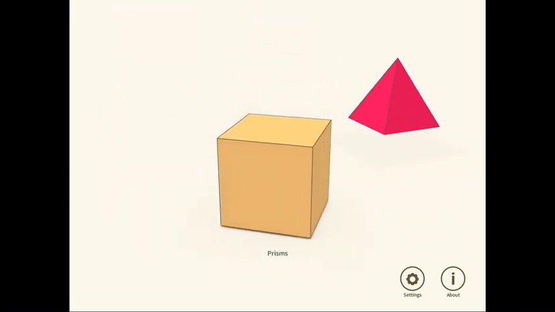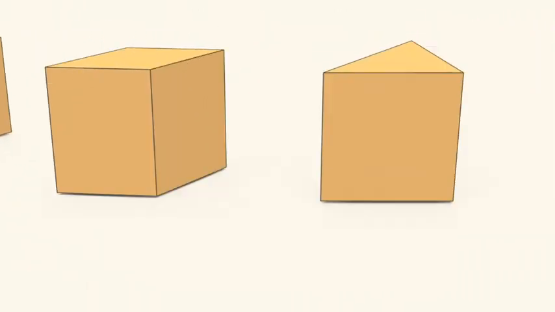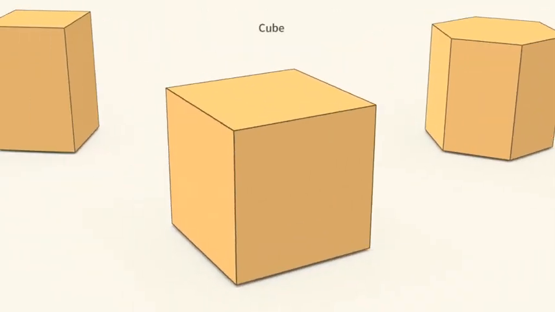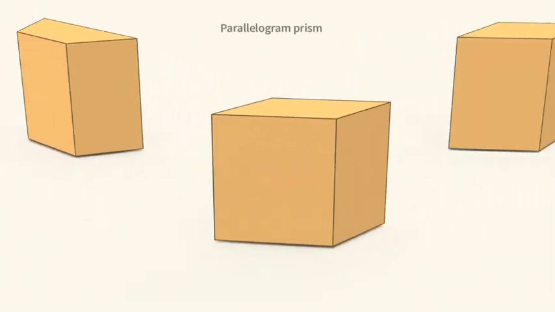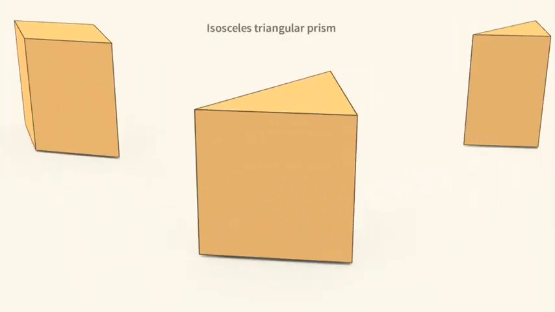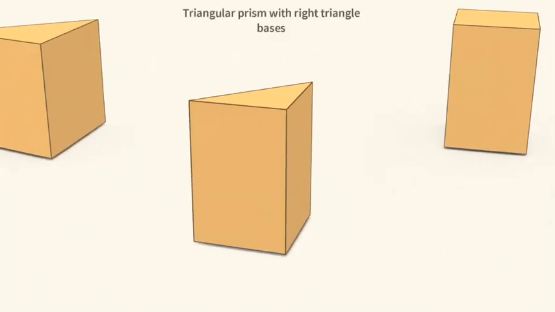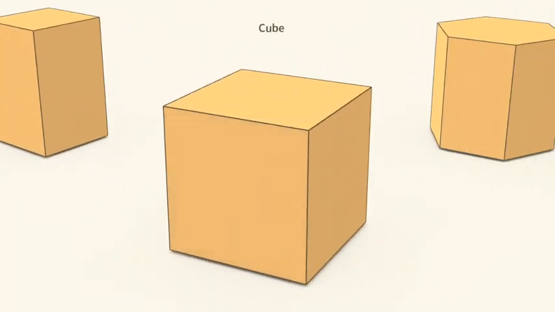And so first, you have to understand what makes a prism a prism. And you can see there's all sorts of different examples of prisms. We have trapezoidal prisms and parallelogram prisms and right rhombic prisms and triangular prisms, different types of triangular prisms, rectangular prisms, even a cube. So let's start with a cube.